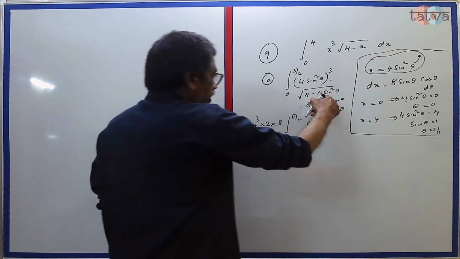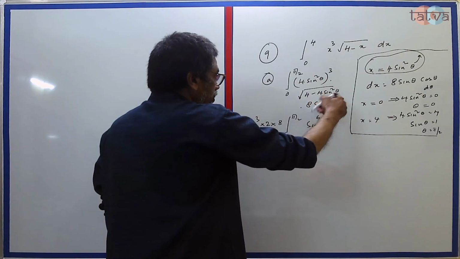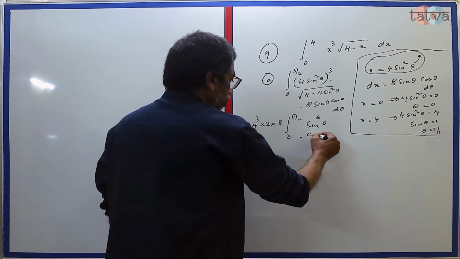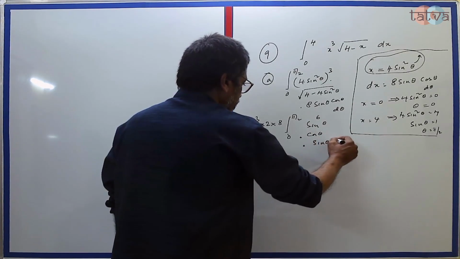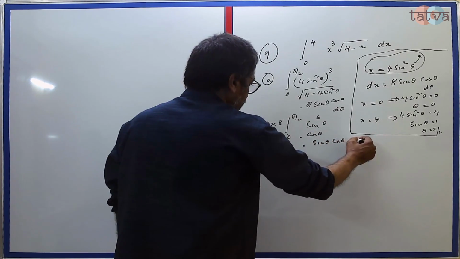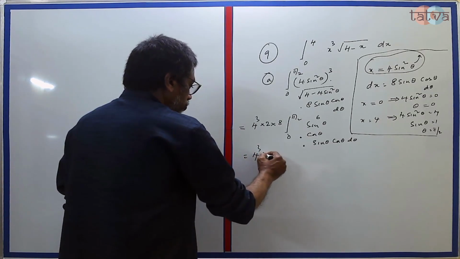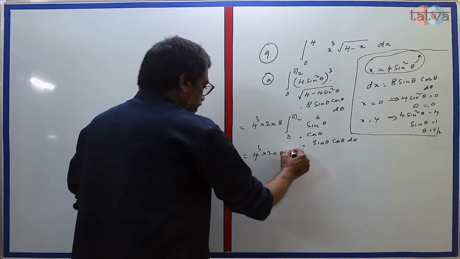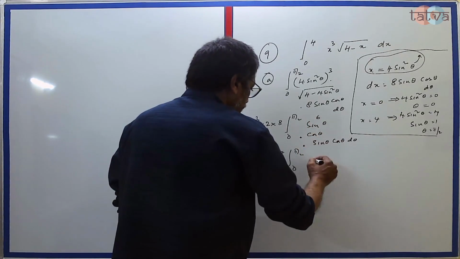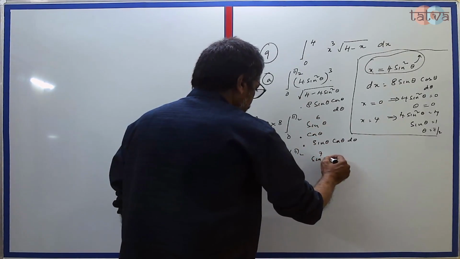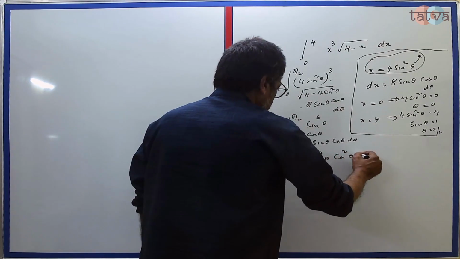And here you should be careful. 1 minus sine square theta becomes cos square theta. You take the square root of that, you get a cos theta. Then you still have a sine theta into cos theta d theta. So 4 cubed times 2 times 8 is 0 to pi by 2, you get sine power 7 multiplied by cos square theta d theta.